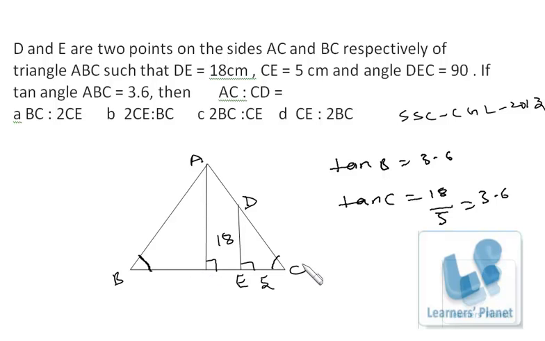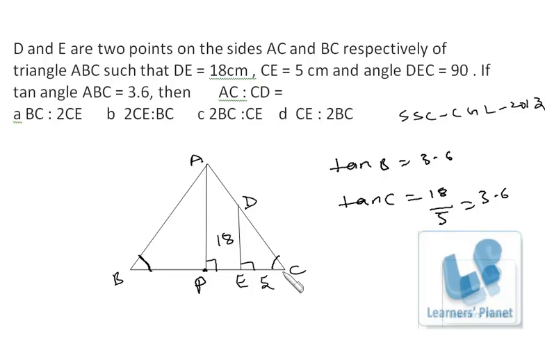Now if it is an isosceles triangle, this line, suppose it is P, AP, that means we can say P will be the midpoint of BC, right? Now triangle CDE is similar to triangle CAP, right? Because this angle is common and this angle is 90°. So AA similarity will be there.